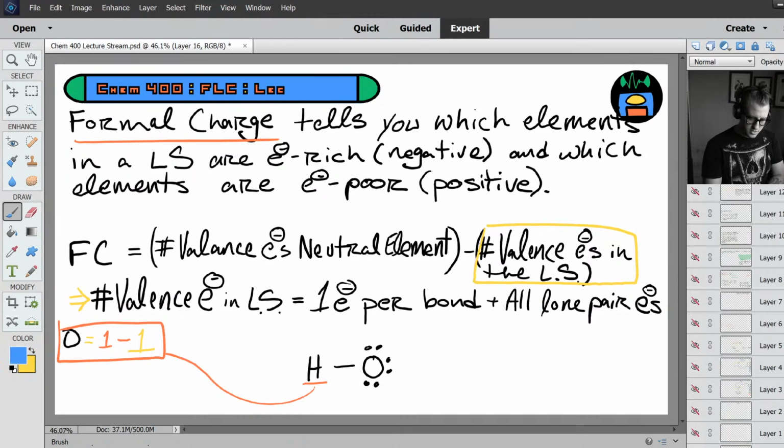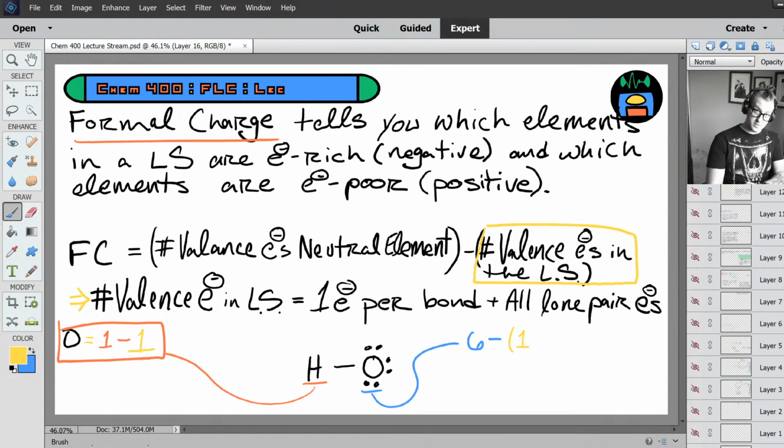Now let's take a look at oxygen. Oxygen, when it is neutral, has 6 valence electrons. Now, in this Lewis structure, we have 1 electron, because we have 1 bond, plus 1, 2, 3, 4, 5, 6 electrons in lone pairs. So we have 6 minus 7, which gives us a formal charge here for oxygen of -1.